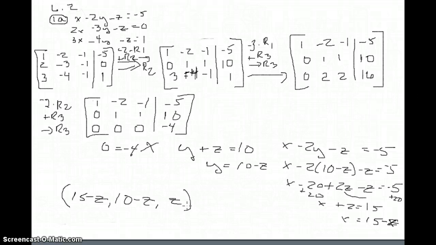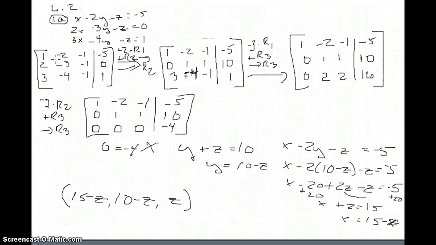And that's how I would write my answer, which means I can pick any number for z and I'll have the other two. For example, if I let z be 1, then 10 minus 1 is 9, and 15 minus 1 is 14. So I have 14, 9, and 1.